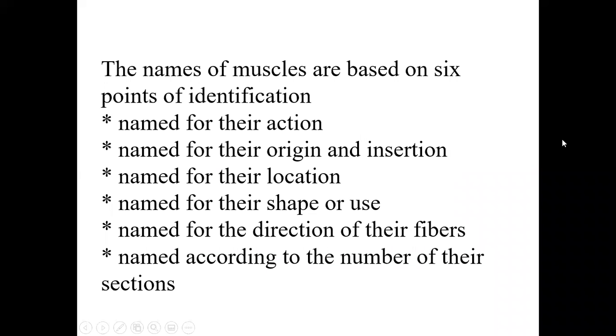So there we have the 6 points of identification that we just talked about: the action, the origin and insertion, the location, the shape, the direction of fibers, how many sections. But then we had a couple more just descriptive terms that makes it a little bit easier if you can mentally kind of get an idea of what those terms mean. So again, this is in your medical terminology textbook, somewhere in the muscle chapter.